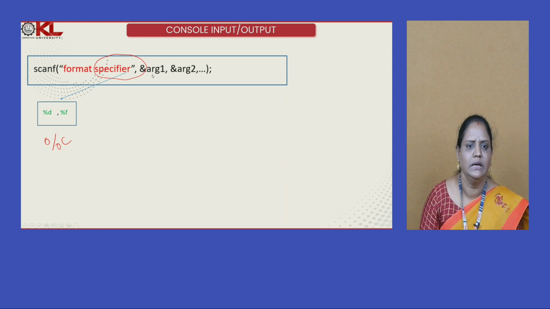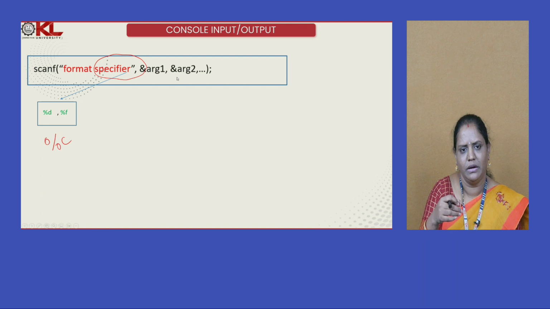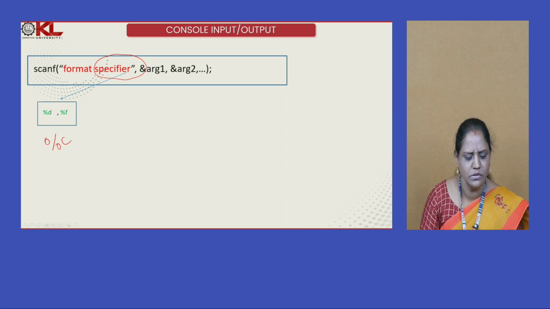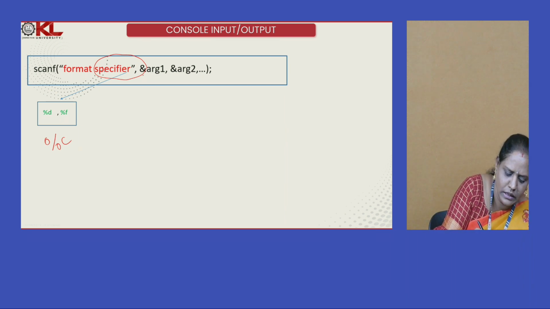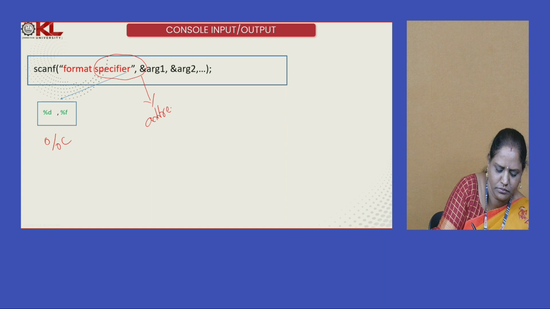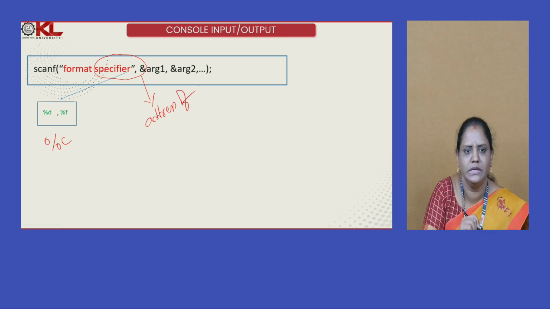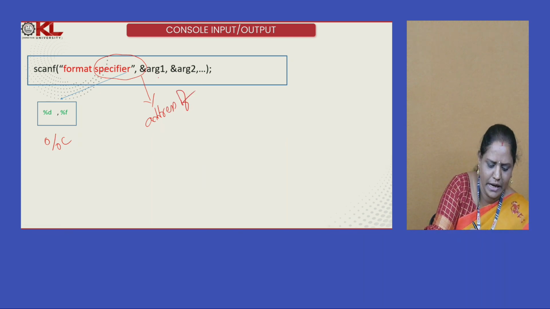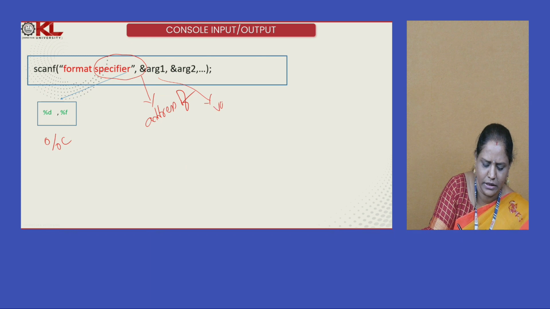Next, arg1, arg2 represent whatever value it is getting from the keyboard, in which variable the value should be stored. So they represent the variable names. This symbol is called address of, and arg1 and arg2 are nothing but variable names.